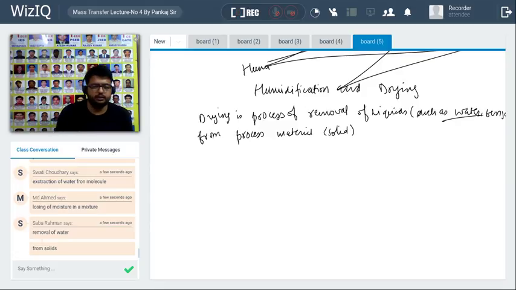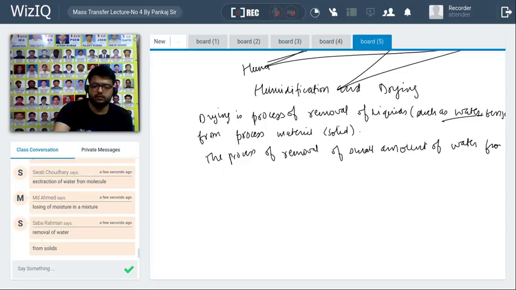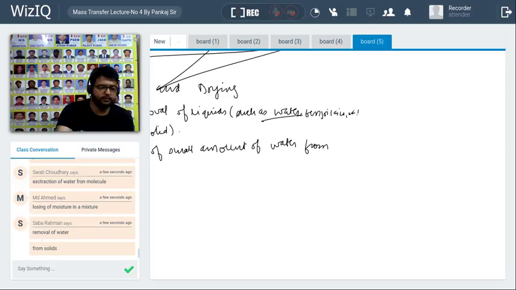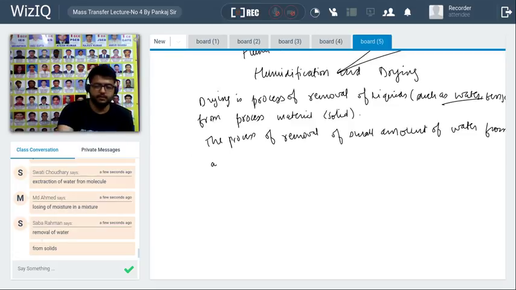Generally, we take it as water. In general terms, it is referred to as the process of removal of a small amount of water from a moist solid, that is, a solid containing moisture. So this is drying.